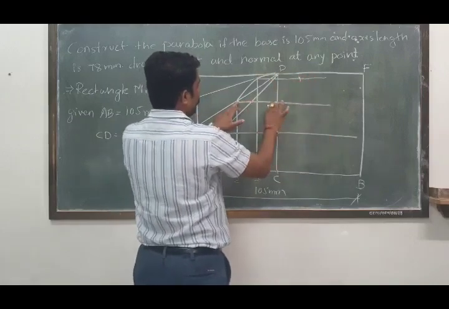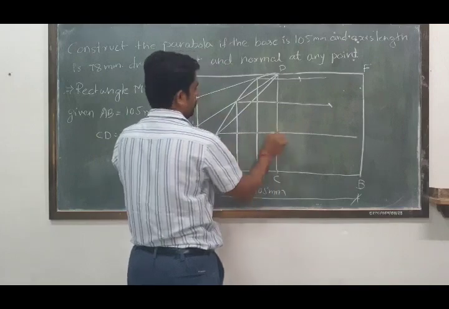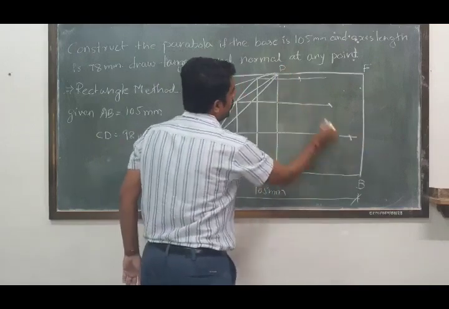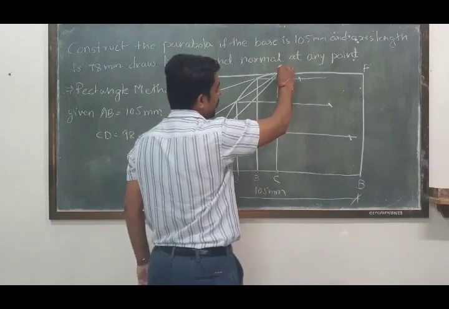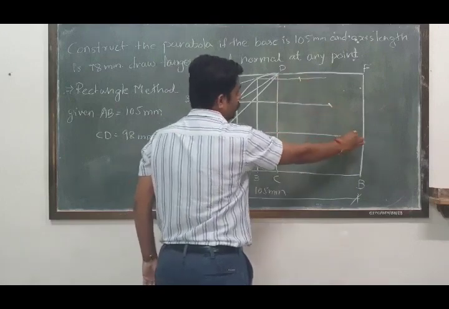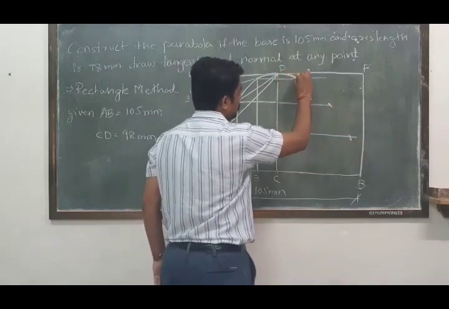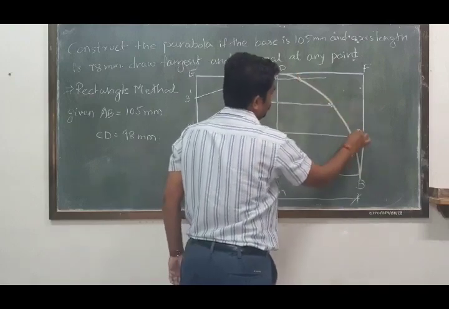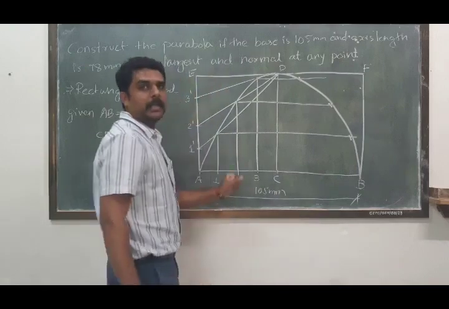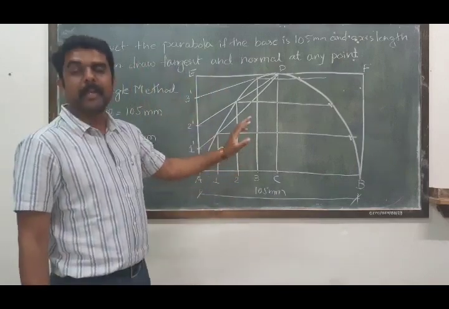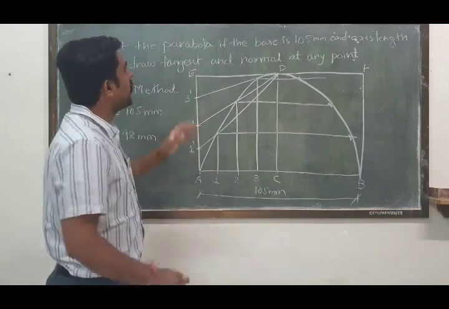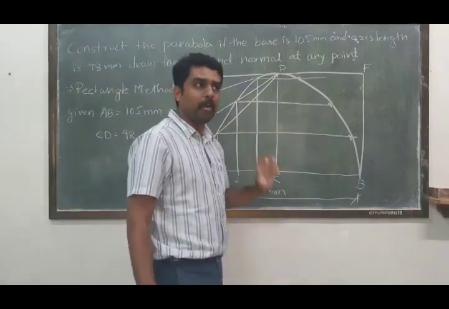Repeat it for next 2 points and join BD such that the curve should cover these 3 points, and you will get parabola by rectangular method. Now let us see how to draw tangent and normal.